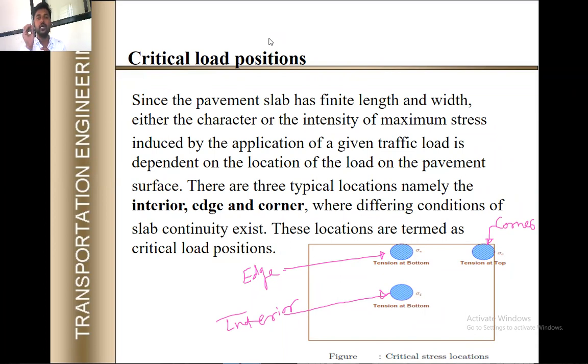And what are these? Interior, edge, and the corner. You can see in the diagram the interior position, edge position, and the corner position. So these are considered as the critical loading positions for roads.